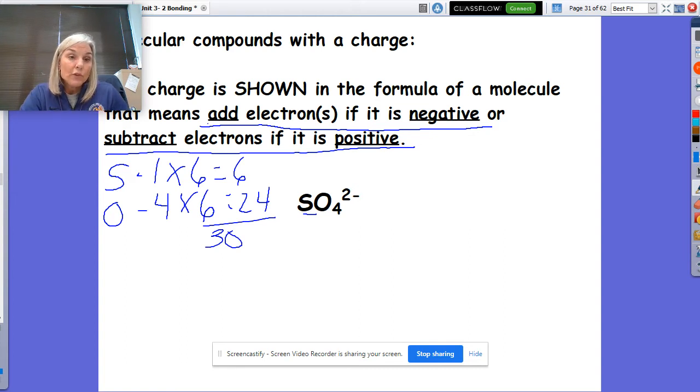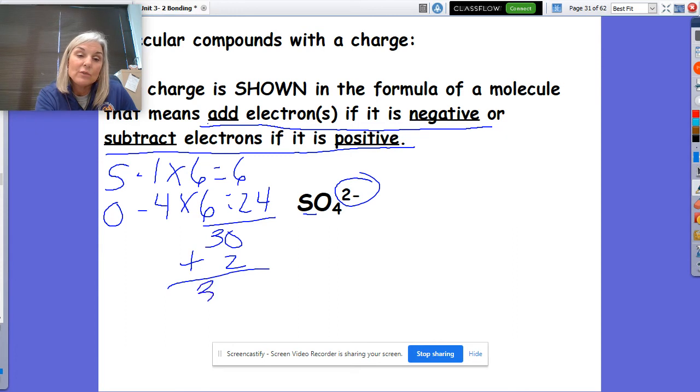But hold on, we've got this 2 negative. So as it says here, you've got to add that number of electrons. So that's going to be plus 2. Anytime you have a negative polyatomic, you've got to add 2. So I'm going to put a total of 32.